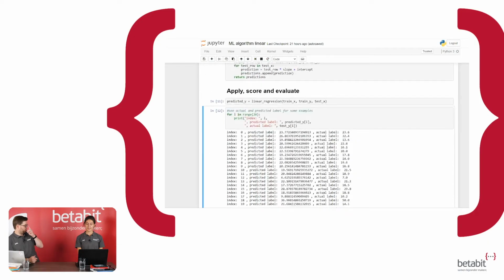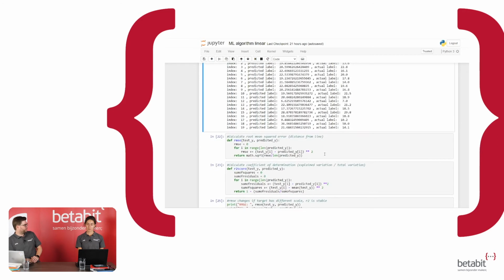If I have a lot of dots that have a large distance, that's bad, and if many dots are very close, that's good. We calculate the distance using a square and a root, so it's called the root mean squared error.